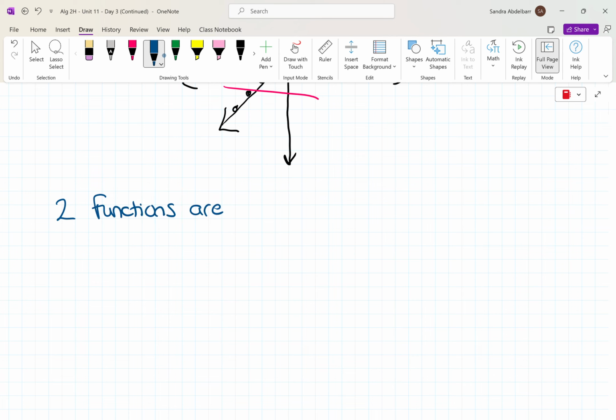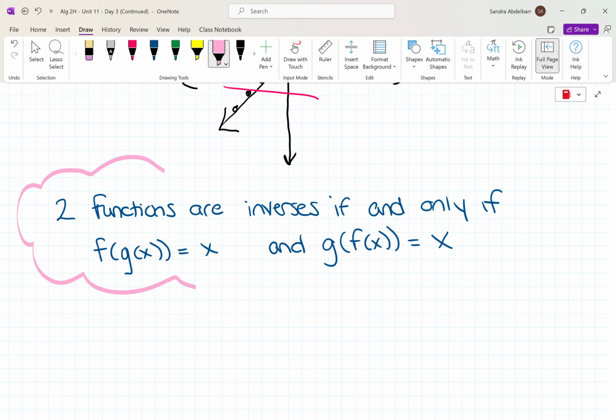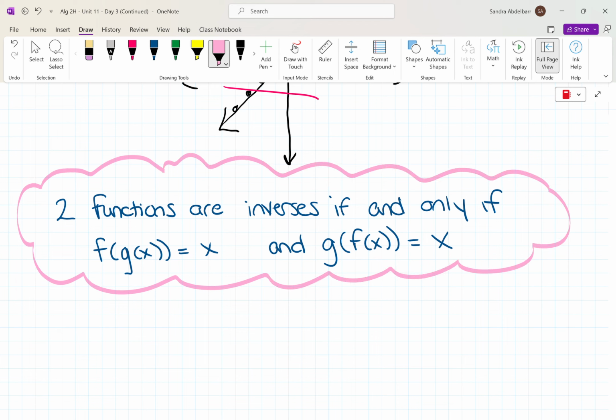So, two functions are inverses if and only if f of g of x is equal to x and g of f of x is equal to x.